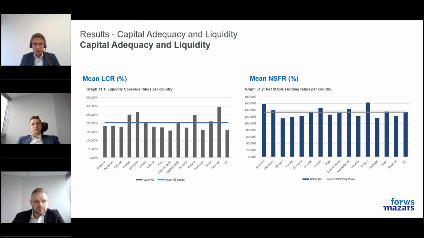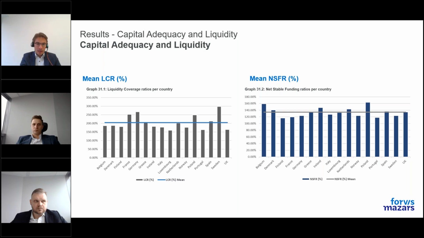Regarding liquidity measures, in this slide we present liquidity coverage ratio and net stable funding ratios for all countries. As mentioned before, we didn't observe any breaches of those ratios at institution level, and also the average levels per country are easily above the prescribed regulatory thresholds.